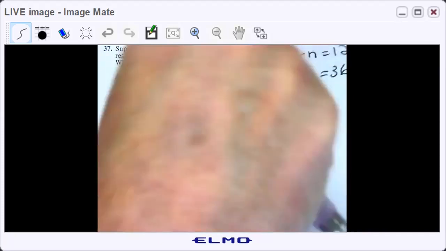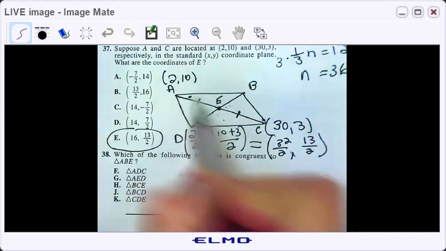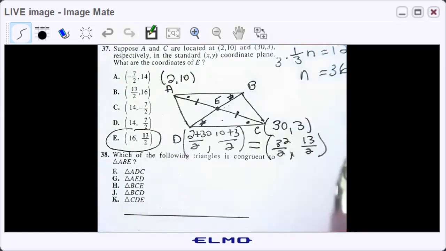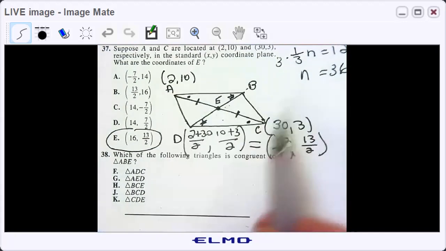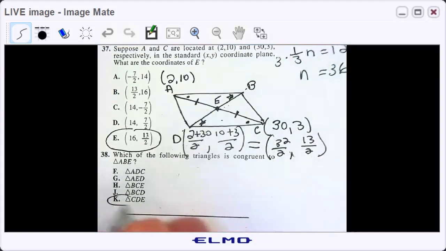This top triangle, if you rotated it 180, it would fall on top of the bottom triangle. So this angle right here would match up with this angle right here. This angle would match up with this angle. So we're looking at ABE. It's going to be congruent to CDE. Choice K.